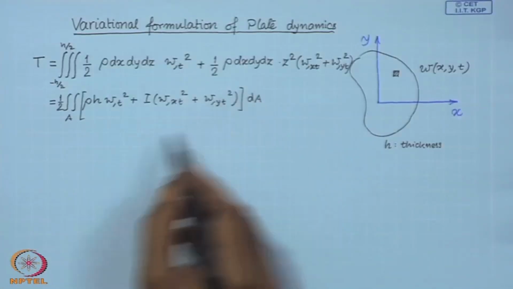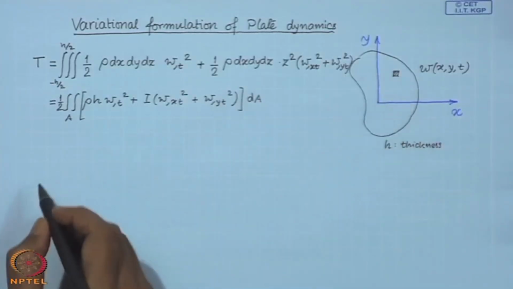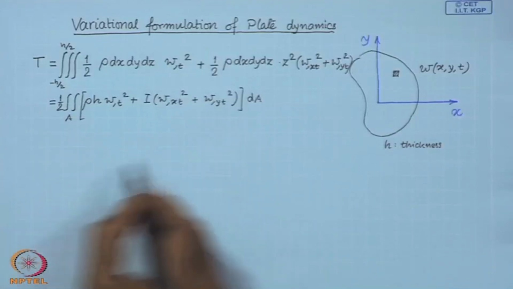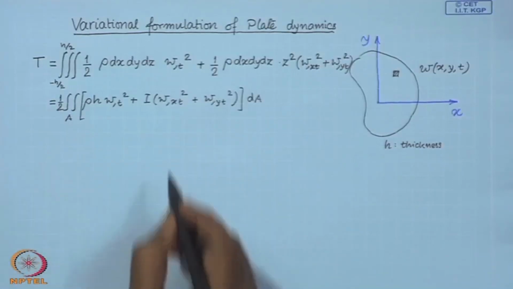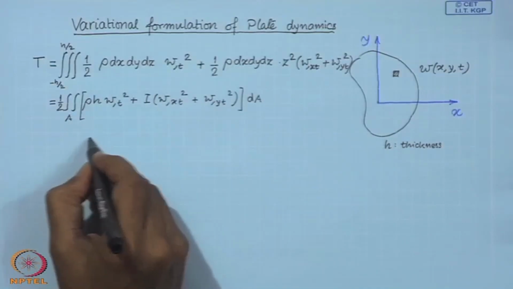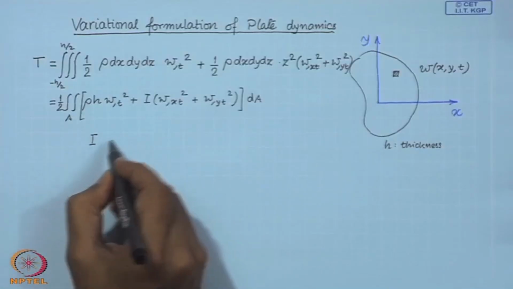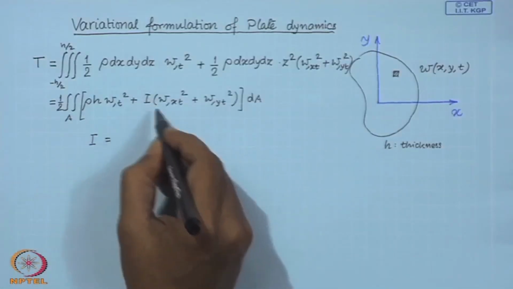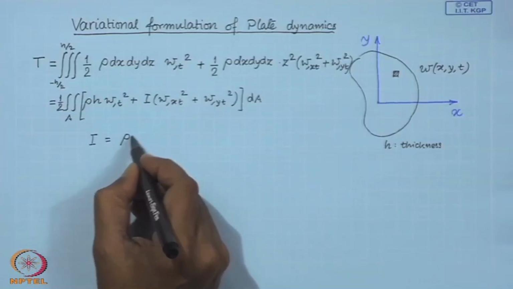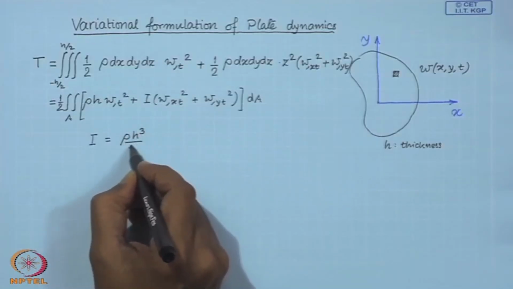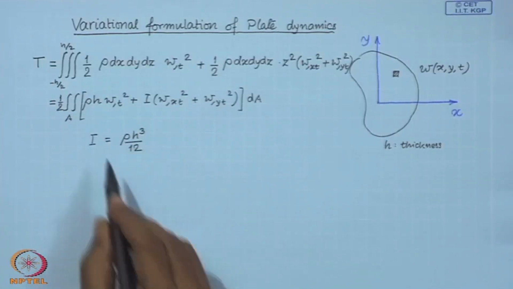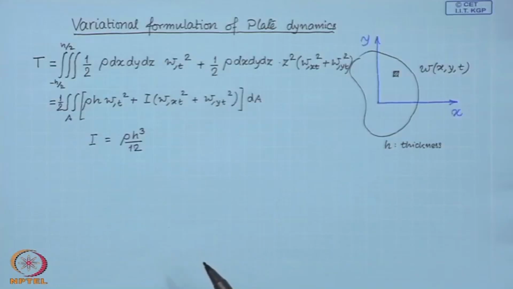So, this is the integral over the area of the plate. So, that is the kinetic energy. Now, this I is the moment of inertia per unit area of the plate.